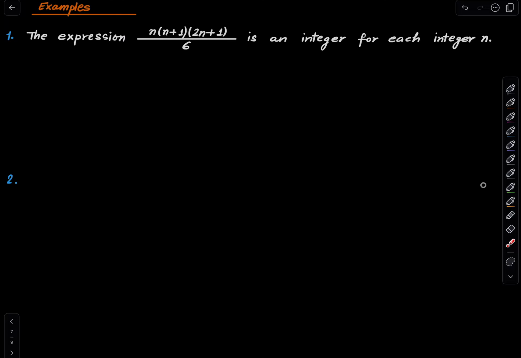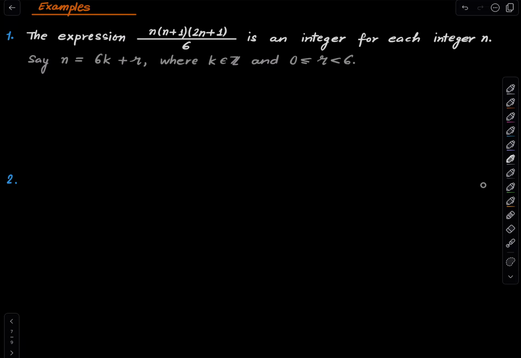So we are trying to show that the remainder of this when divided by 6 is 0. And now there is a natural approach. So say n is of this form, 6k plus r, where k is an integer and r is in this range.